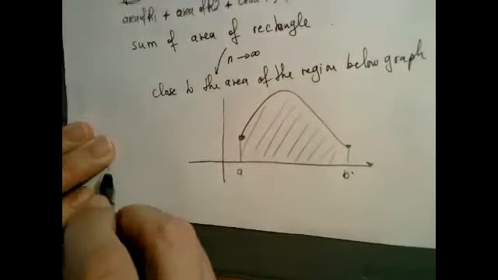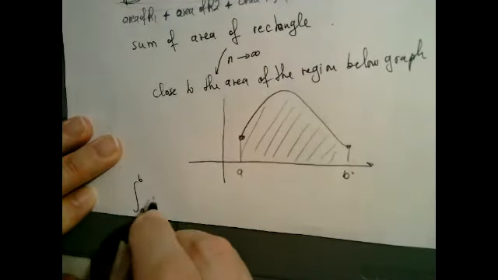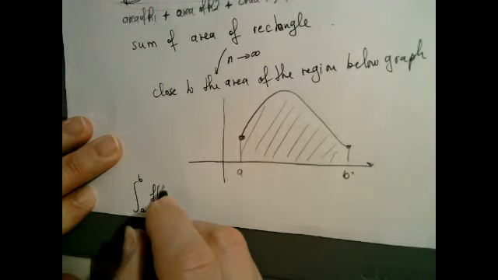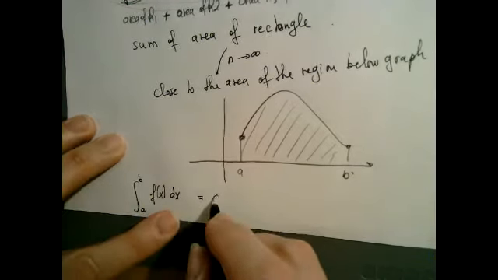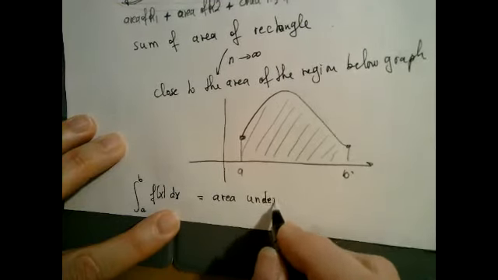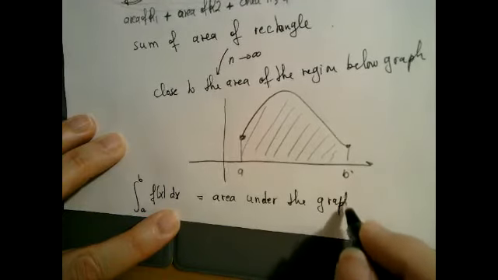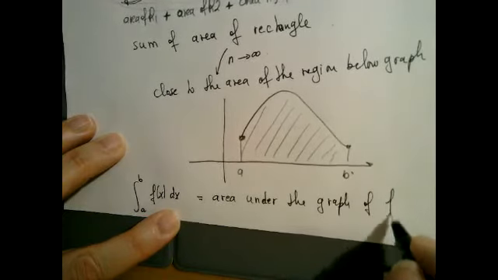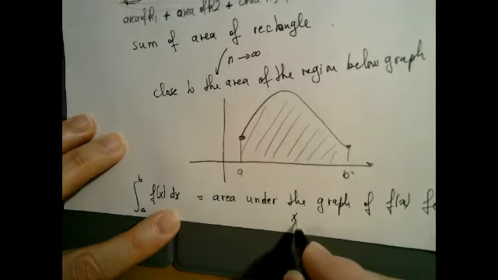When n becomes very large, the integral would represent the area under the graph of f, for x between a and b.